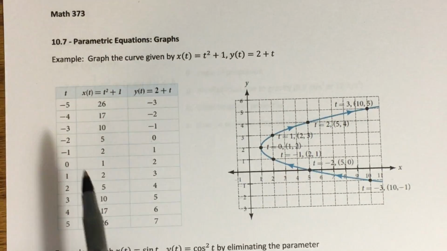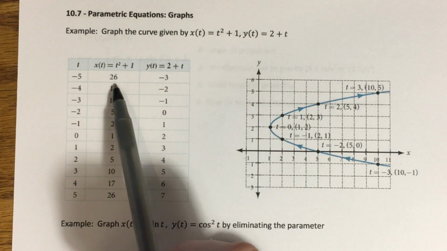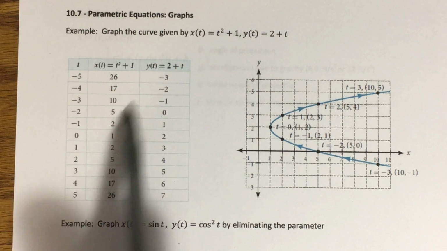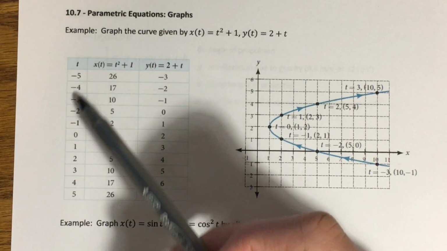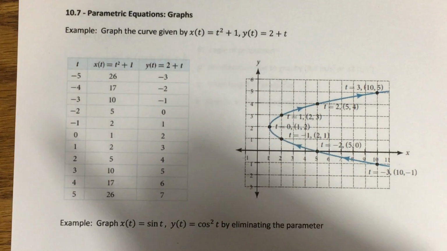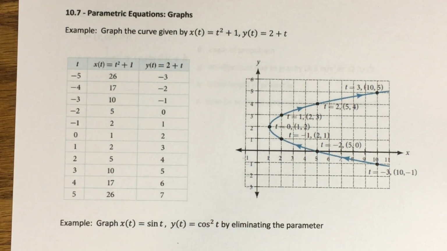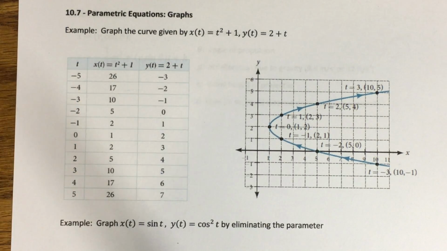Now this is one way to approach graphing parametric equations, and it's totally valid. The problem with it is it's just a lot of number crunching because you're putting a lot of data into a table. And you could argue that you don't need this many points to get a good graph of that curve, but even still, if you only did like 5 values of t, which I wouldn't do any less than that if you were doing a table, it's still kind of a lot of number crunching.